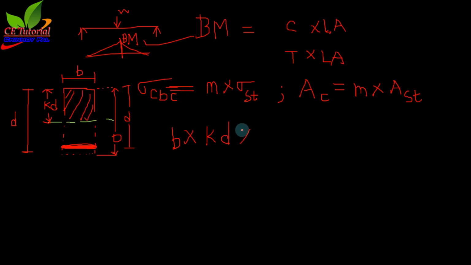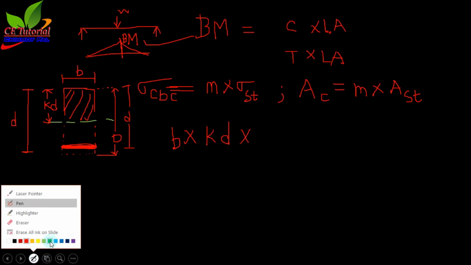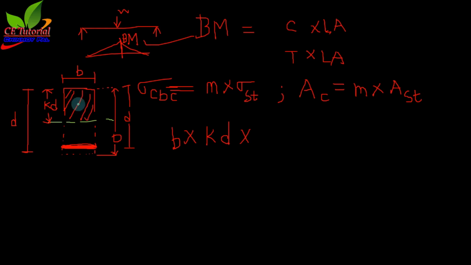If I multiply it with the distance, then we get the moment. And what is the distance? We can assume that the total area is concentrated at the CG point of this area.